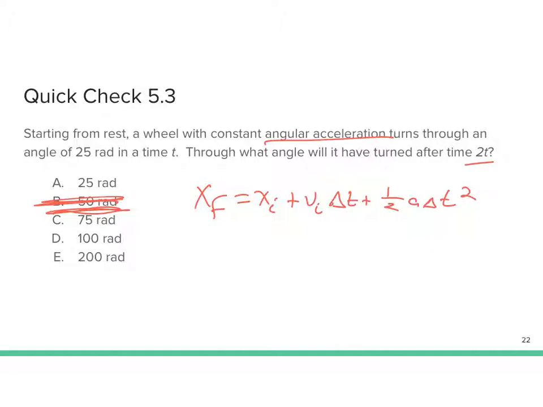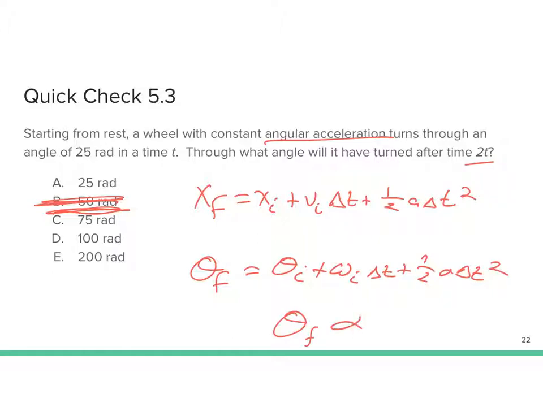Now, very similarly, I have theta f equals theta i plus omega i delta t plus 1/2 alpha delta t squared, and I can see that theta f is directly proportional to delta t squared. So if I double the time, I will quadruple the angular displacement.